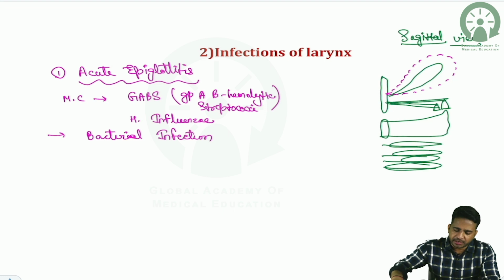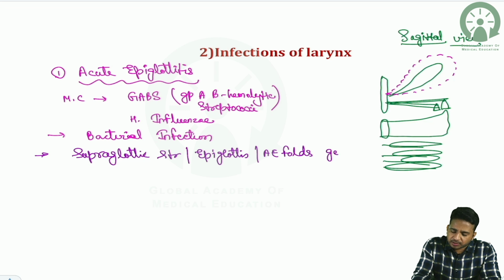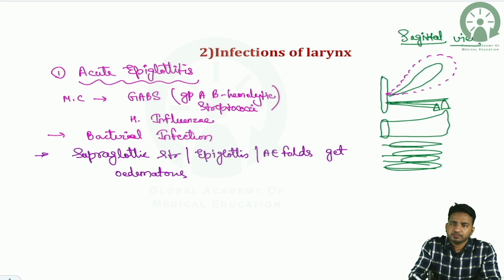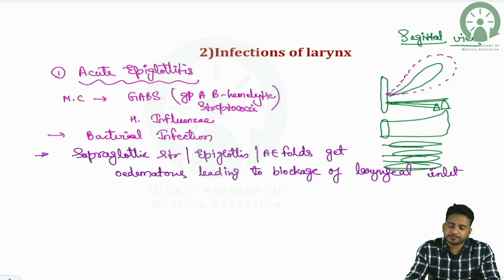So what is happening in acute epiglottitis? Basically, supraglottic structures, epiglottis, folds get edematous, leading to blockage of laryngeal inlet.